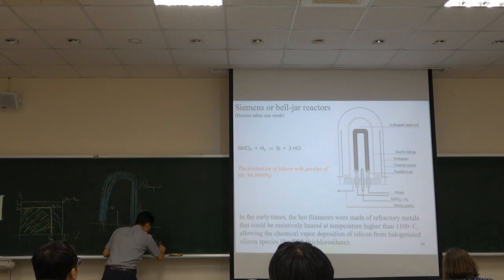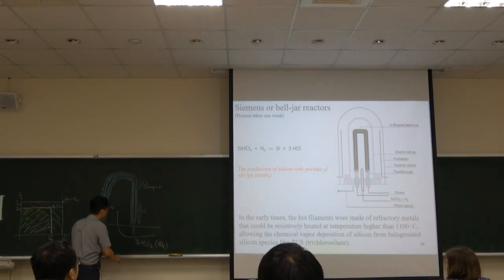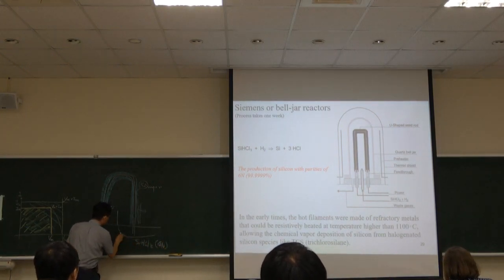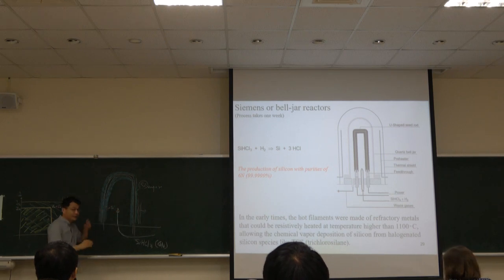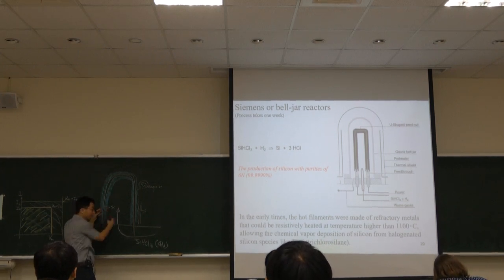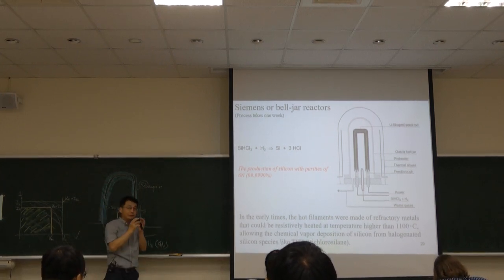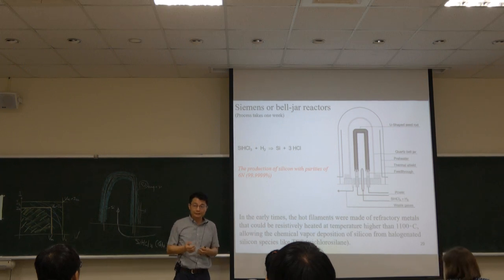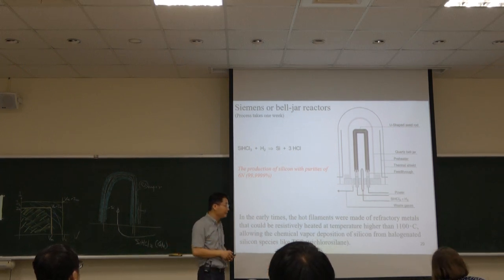This precursor we inject into the chamber again and dissociate again to deposit on the filament again. So finally, we get a high purity silicon ingot.